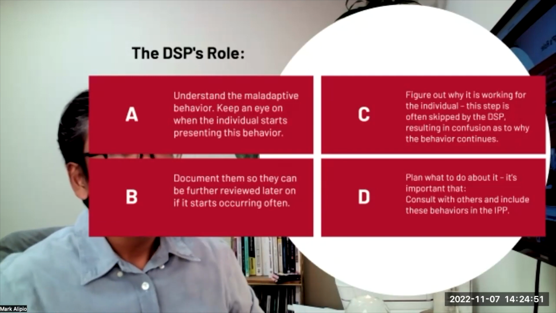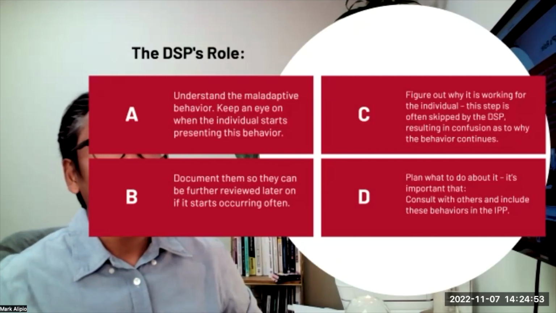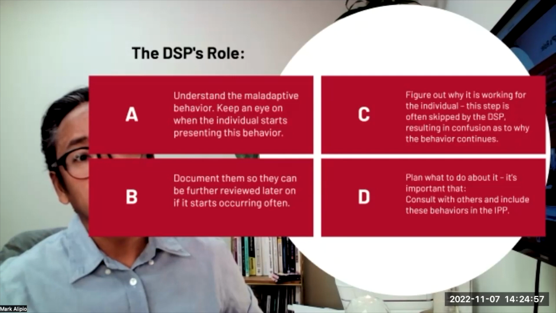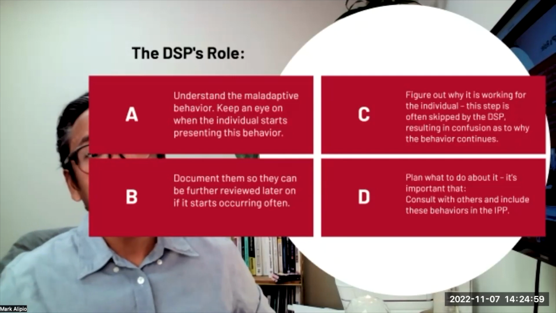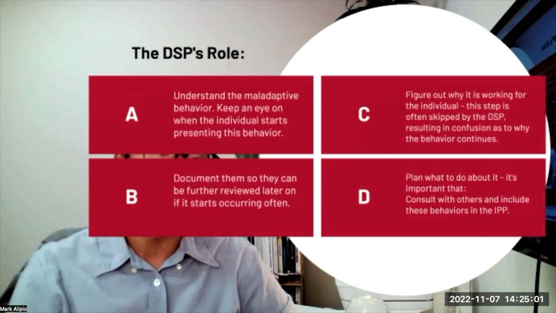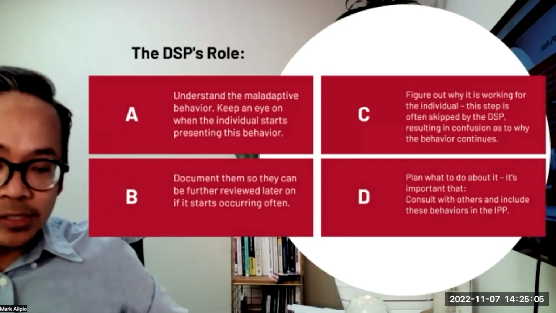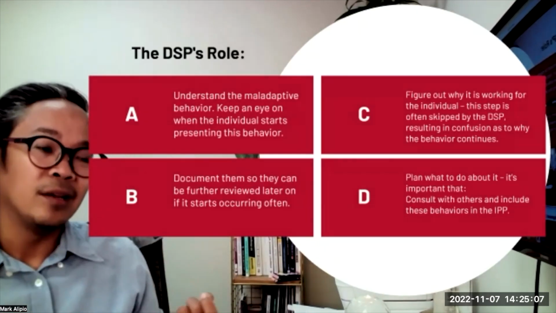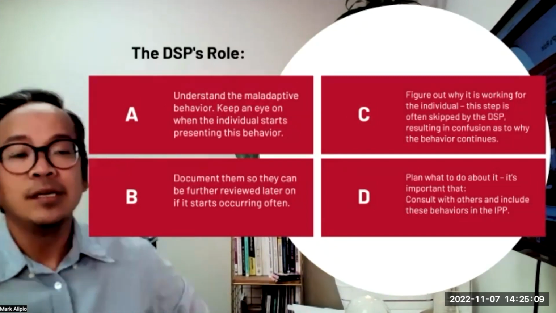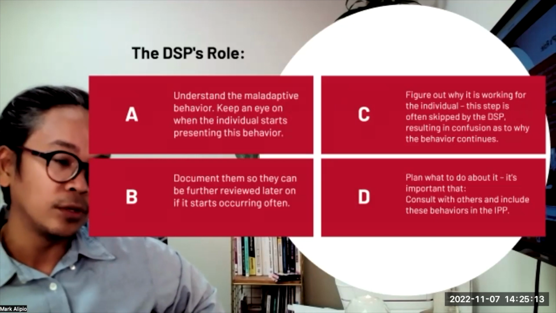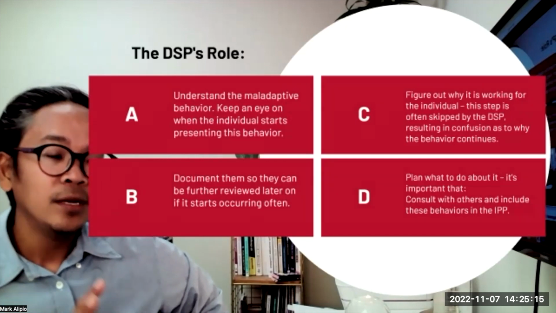The second is to document them so that they can be reviewed later on if it starts occurring, especially when it starts reoccurring often, right? In this case, let's just say, every 3 months an individual client starts recycling behaviors.